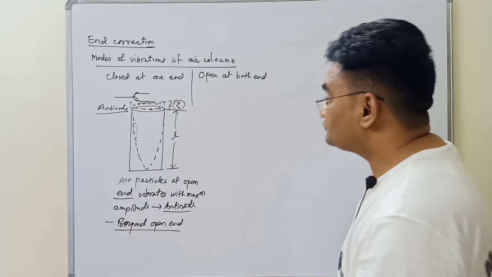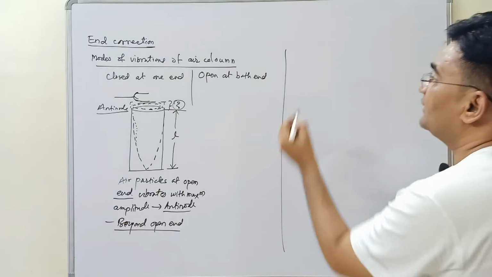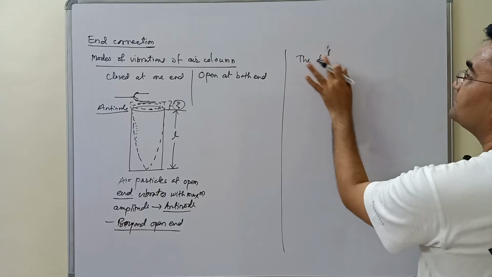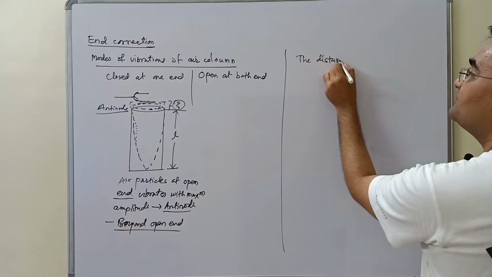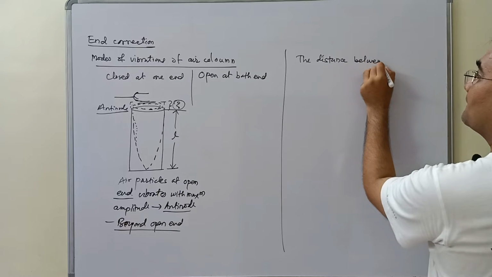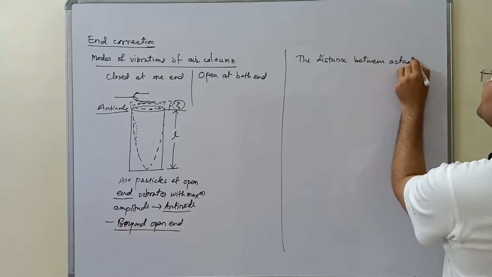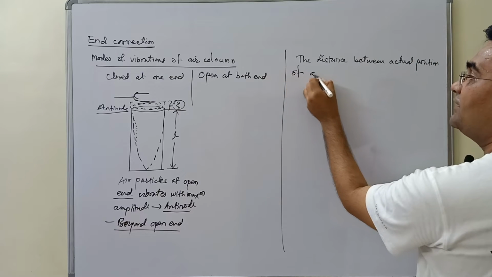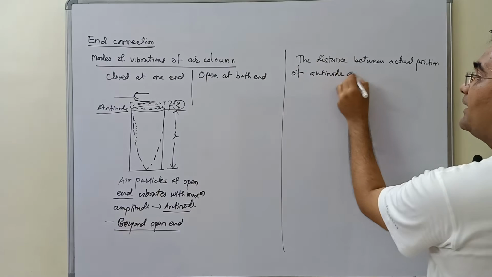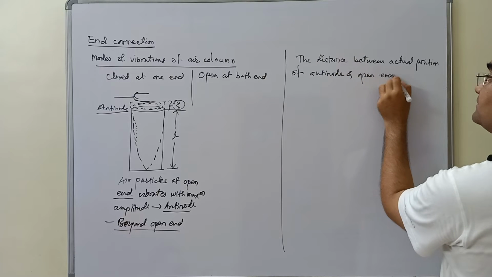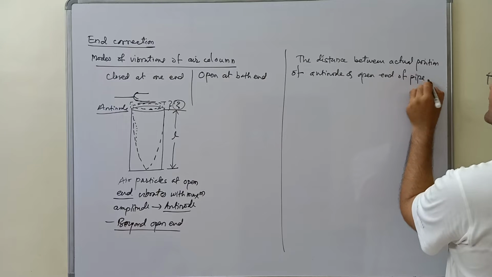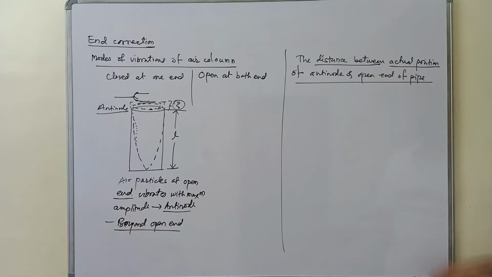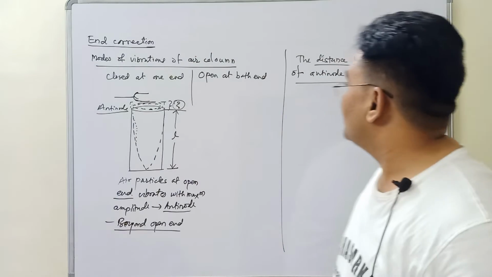So, what is end correction? The difference or the distance between the actual position of the antinode and the open end of the pipe is called end correction.